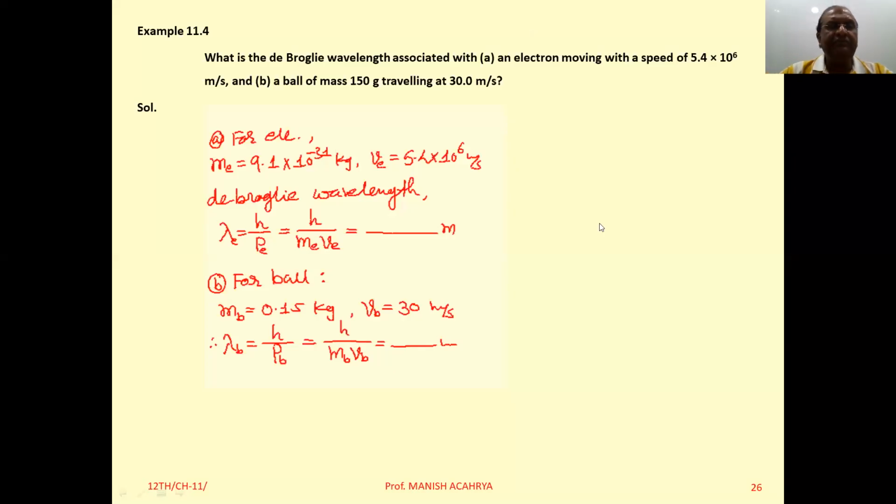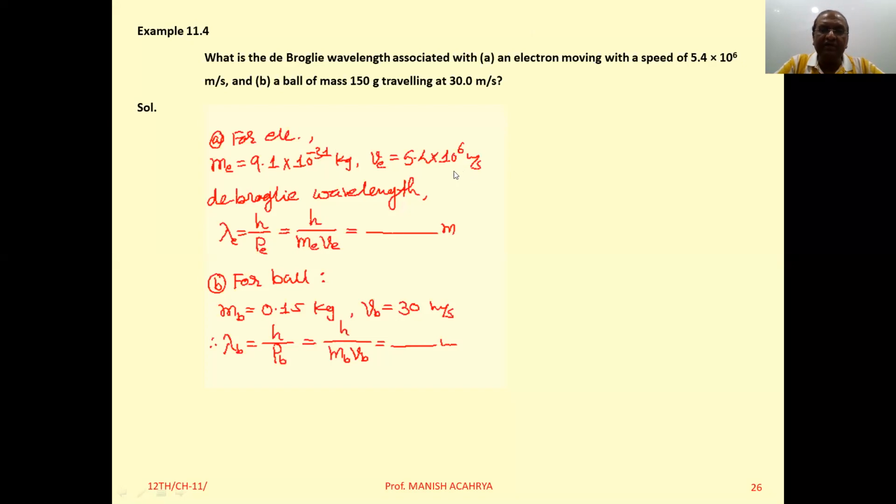Example 11.4. What is the de Broglie wavelength associated with an electron moving with a speed of 5.4 × 10^6 meter per second, and a ball of mass 150 gram traveling at 30 meter per second? First, for the electron, mass of electron is 9.1 × 10^-31 kilogram.